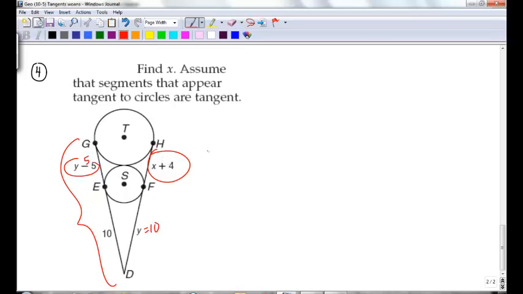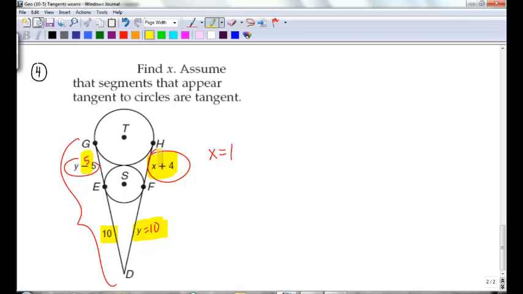Has to be 5, so x has to be 1. A lot of that you can tell by sight if you just look at the picture. We got these two to be the same, so y is 10. So 10 minus 5, this would be 5. So that means this has to equal 5, so x has to equal 1. Kind of like a process of elimination.